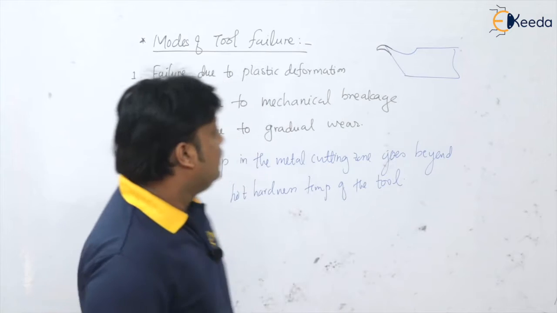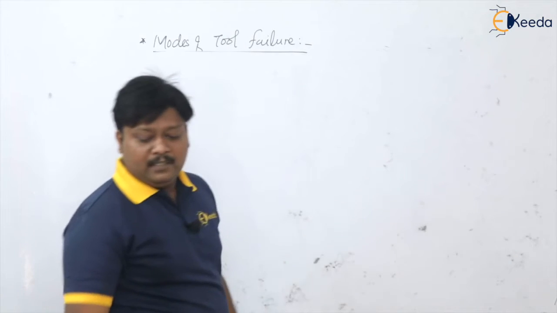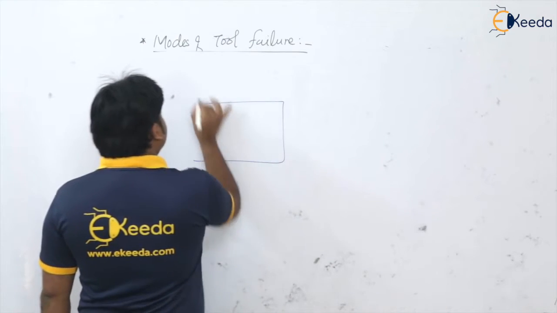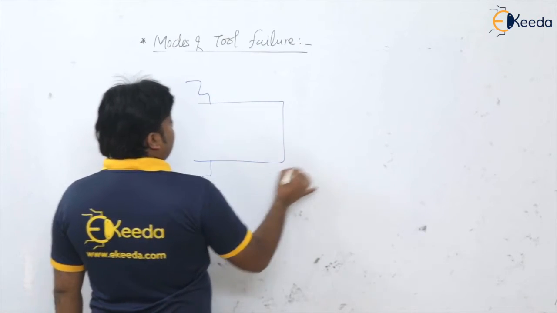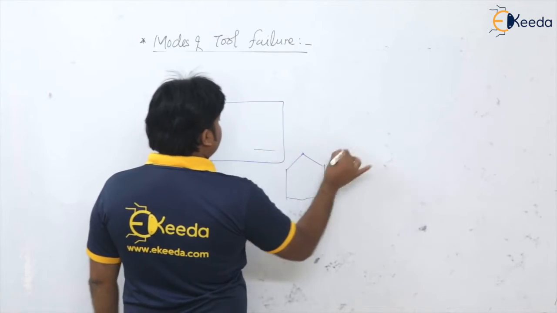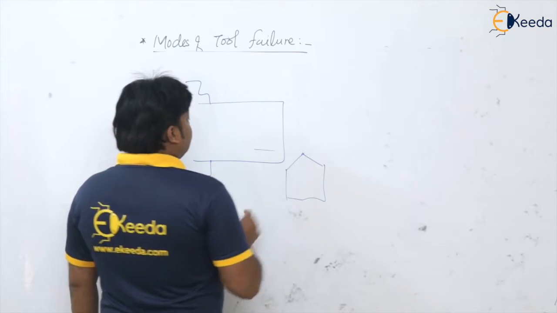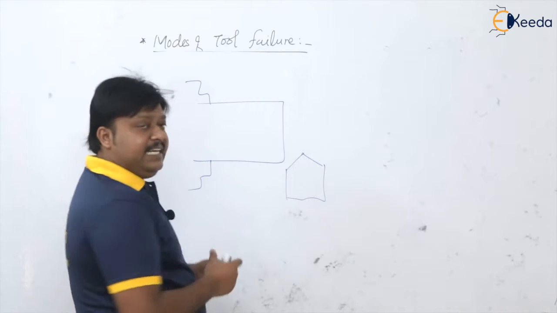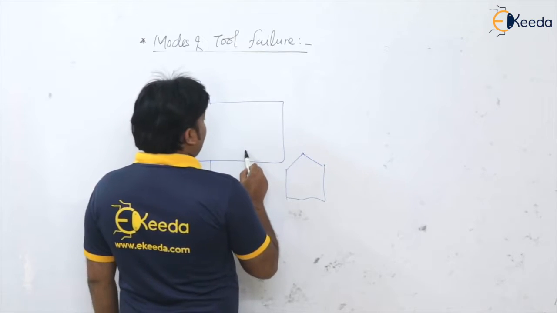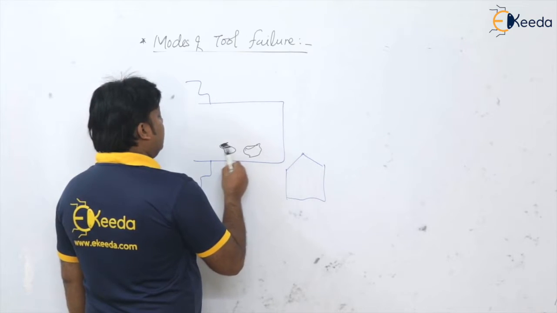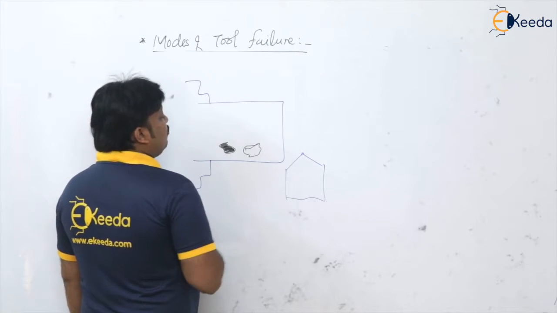Now see, say this is your workpiece material and the tool is going to machine this surface of the workpiece. If there is any void, any hard inclusion, or any big blowhole present in the material, what is going to happen?